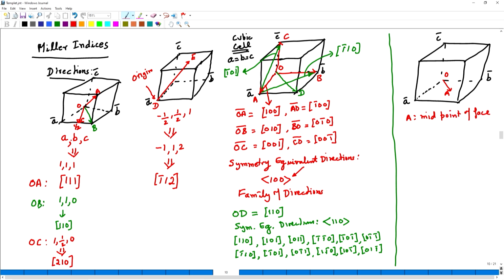So, of course, if I just want to write down the Miller indices for this, I will say that it is half component along A, half component along B, and 0 component along C, and I can simply multiply this by 2 to remove the fractions, and I will get the direction 1, 1, 0. But now I want to write a specific magnitude. We know what the magnitude is for this. Let's say this is a cubic unit cell, so A equals B equals C.